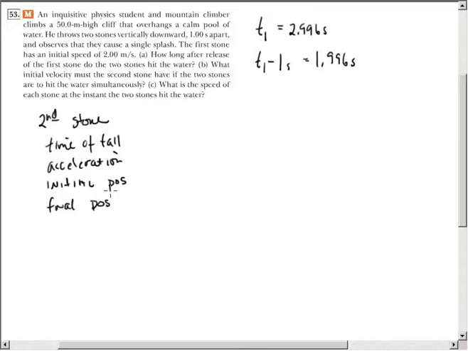So the question becomes, with that information, do we have an equation that contains all those variables, including the initial velocity as the unknown? Pause the video and write down the equation you think is going to work.